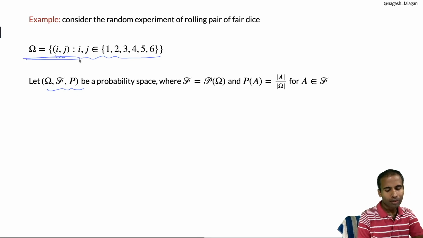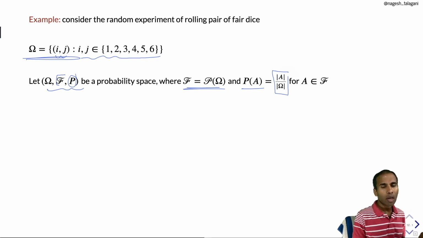Here Omega is the sample space, the event space script F is the set of all subsets of Omega, and our probability function is P of A computed as the number of elements in A divided by the number of elements in Omega, which makes sense as we have a finite sample space with equally likely outcomes.